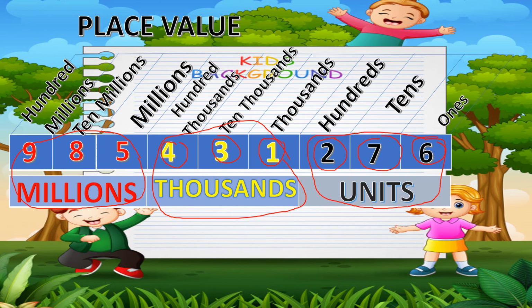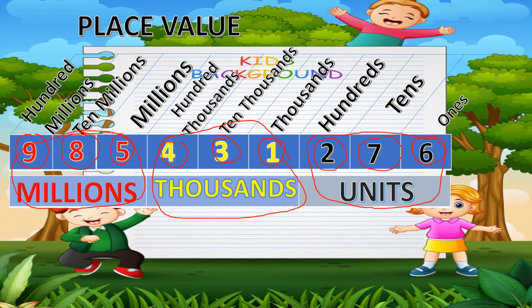We have the numbers 9, 8, and 5. 5 is in the millions place, 8 is in the ten millions place, and 9 is in the hundred millions place. That's how it's easy to learn a number. So we can read this number as 985,431,276. Now it's quite easy to read a large number.